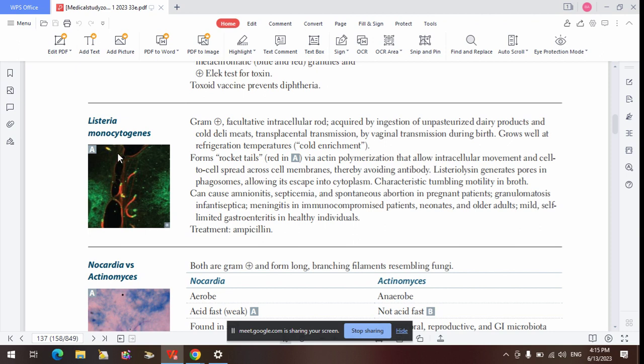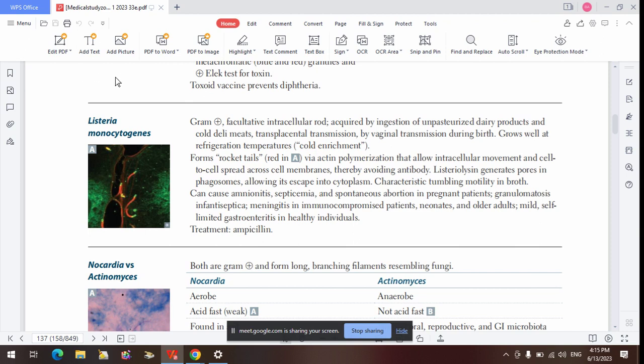It's basically free living in the environment, ubiquitous in the soil. It's just there on its own. It's gram positive, and it's a facultative intracellular rod. So it can grow within the cells, particularly the macrophage, and it can also survive outside the macrophage. That's why we call it facultative intracellular.